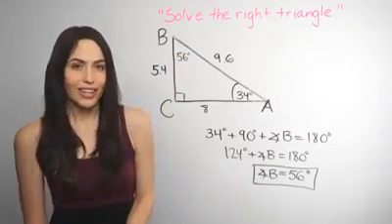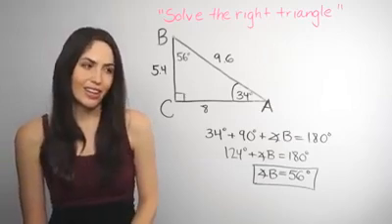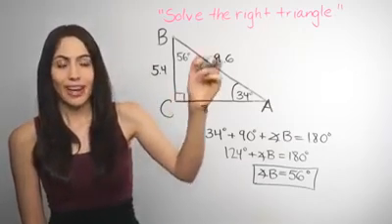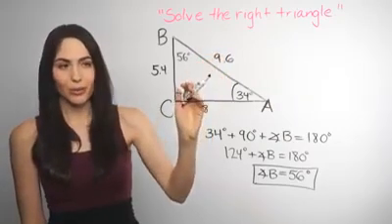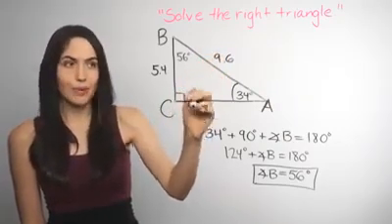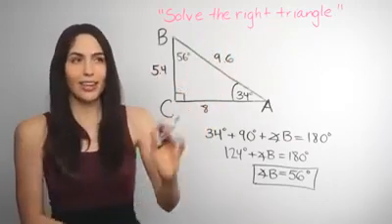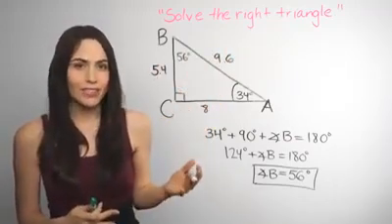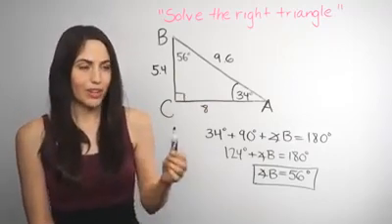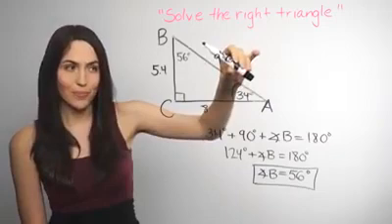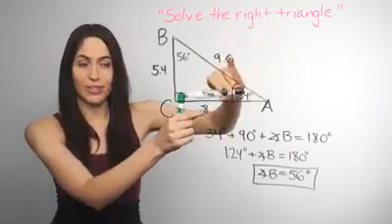Just a few things I want to mention. If you got a different side given to you in the beginning, like if you weren't told this side, but you were instead given the hypotenuse and no other sides, don't worry, it's the same kind of steps. Just make sure you pick a trig function that includes both that hypotenuse you know and whatever side you're looking for.